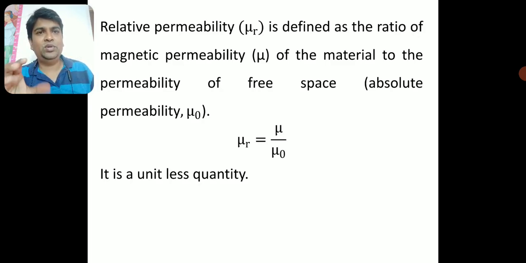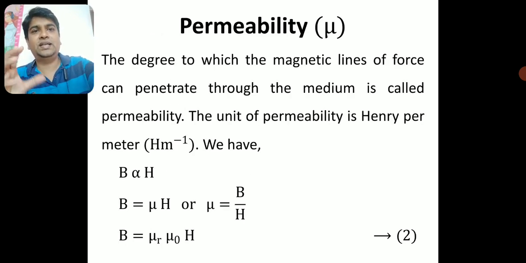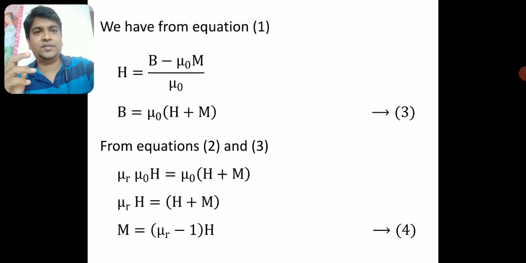Relative permeability mu R is defined as the ratio of the magnetic permeability mu of a material to the permeability of free space, which we call the absolute permeability. So mu R is equal to mu by mu naught. This mu R is a constant and it is a unitless quantity, whereas mu is not unitless, it has a unit Henry per meter.